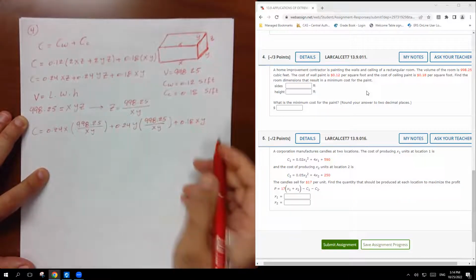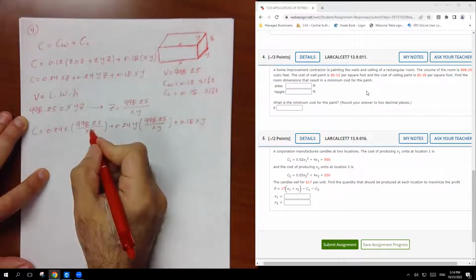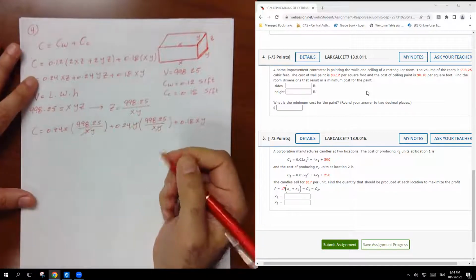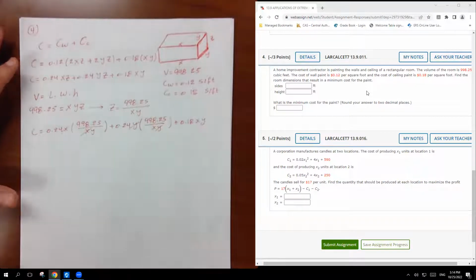There is no z in the last part. Cancel the x with the x, y with the y. Multiply these two numbers.